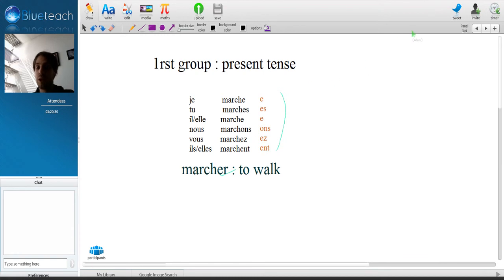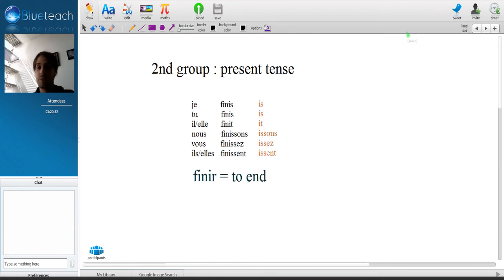So let's see how it works for the second group. The second group, present tense, we're going to look at the verb finir, which means to end in French. So notice that it ends by IR. So the endings of the second group are different. It's IS, IS, IT, ISSONS, ISSEZ, ISSENT.